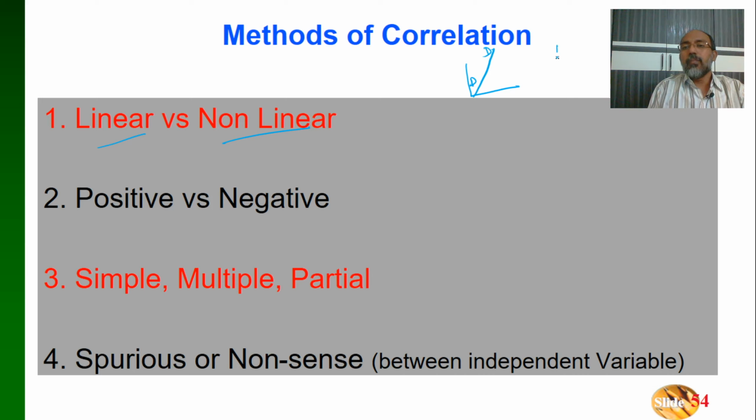It may be a straight line, or it may be a curve, which is non-linear. A straight line is called linear. In our chapter we are going to learn only linear methods.